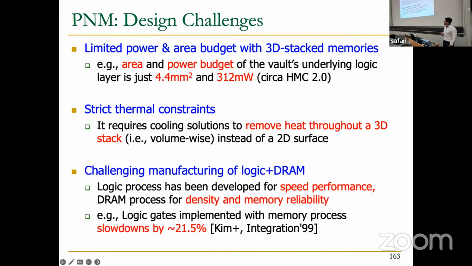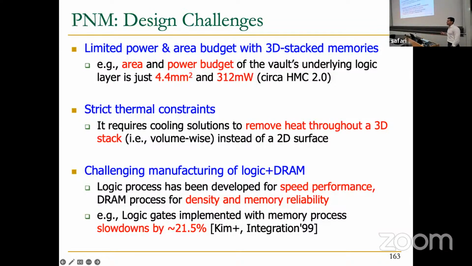So this also needs to be taken into account. The third one, and perhaps the most important one, the reason it took us so long to have processing-near-memory architectures, is that manufacturing logic plus DRAM is extremely difficult. It's really difficult because those two manufacturing processes have been heavily optimized for different trade-offs that contradict each other.